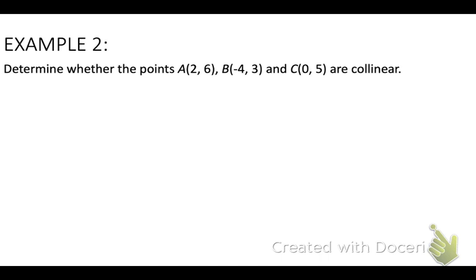If you have points that are collinear, that means they're going to be on the same line. Which one's furthest left out of those three? B, right? So we start at B. What would be next? C would be next.